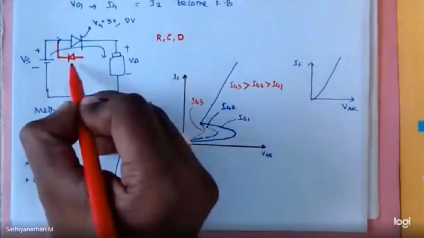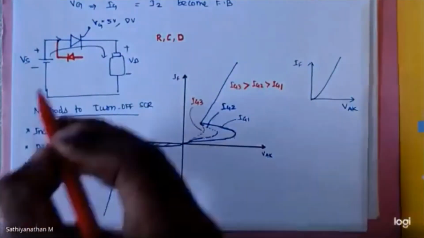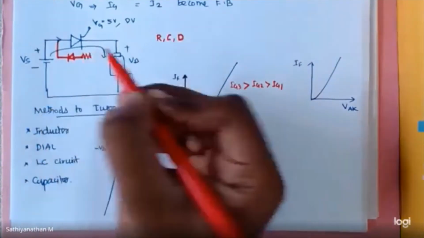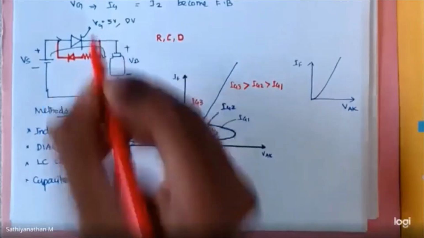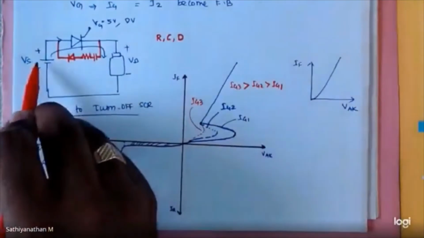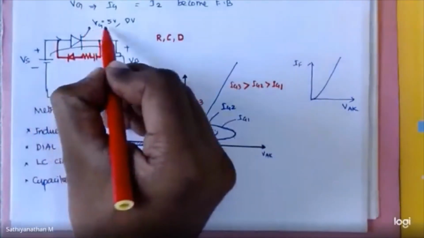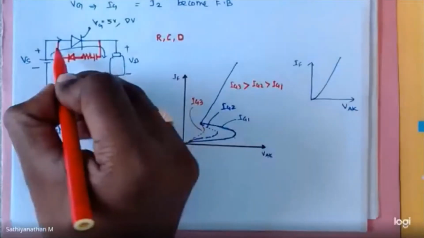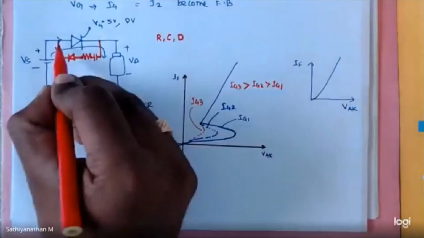So it blocks current during the conduction. And you can connect a resistor in series or in parallel. So like this. During forward bias condition, when the gate voltage is applied, the device will be in conduction. So during that time, the diode will block the current flow, right? There is no current flowing through that path.